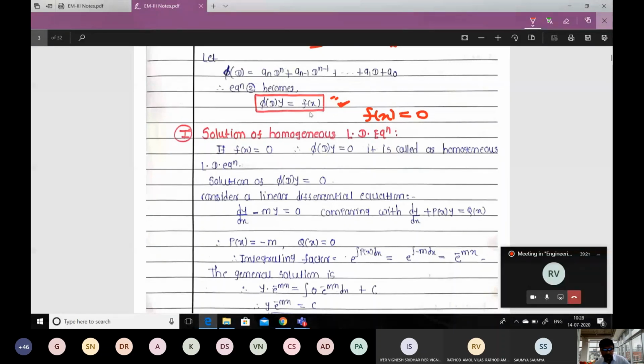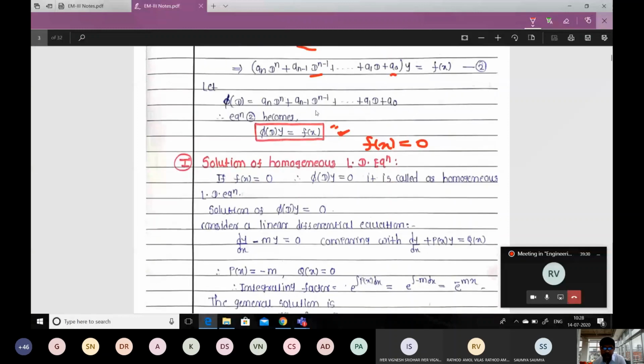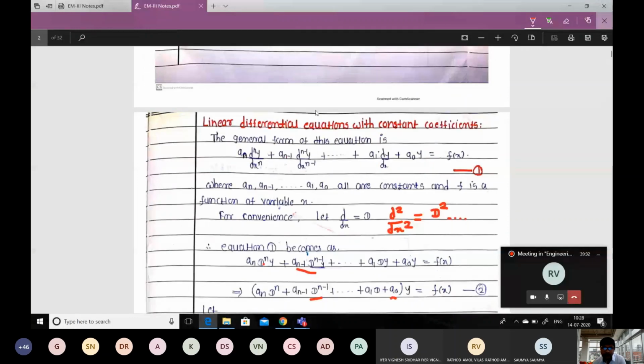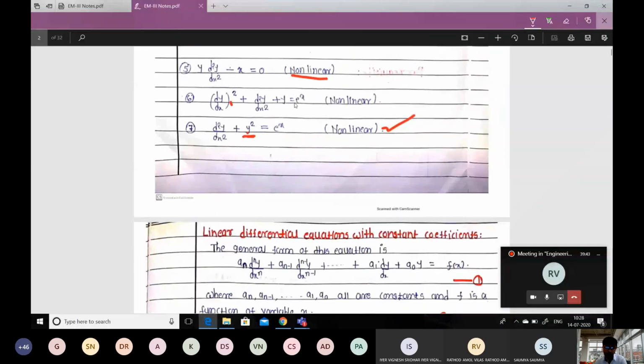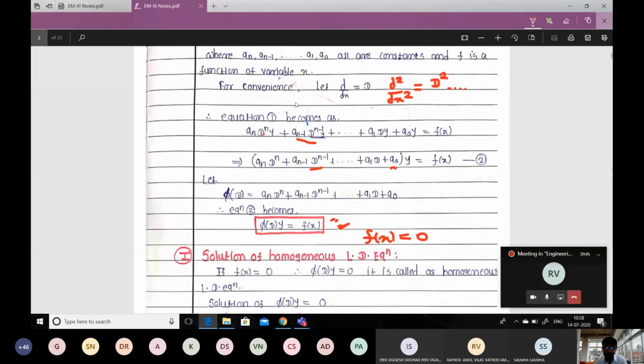If the right hand side is 0, with no other function, then that kind of differential equation is a homogeneous differential equation. Now let me give one example. We can see example number 1 here: 3 d2y by dx square plus dy by dx plus y equal to 0. The right hand side is 0, and therefore it is referred to as a homogeneous differential equation.